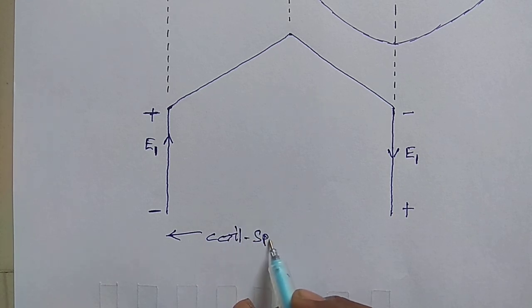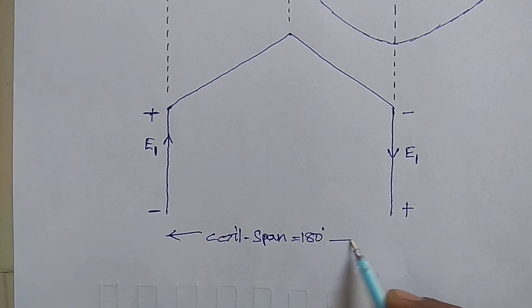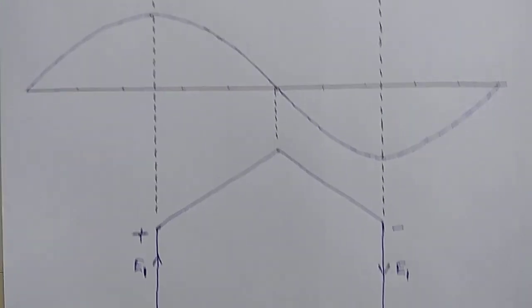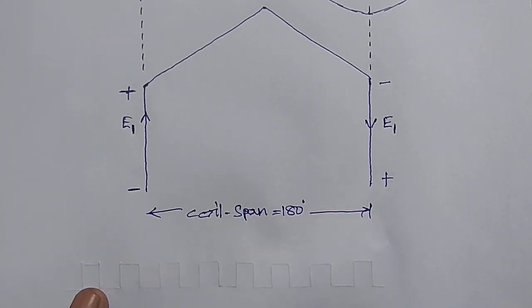The coil span is equal to 180 electrical degrees. As all of you know, for a full pitch winding the coil span is 180 electrical degrees.